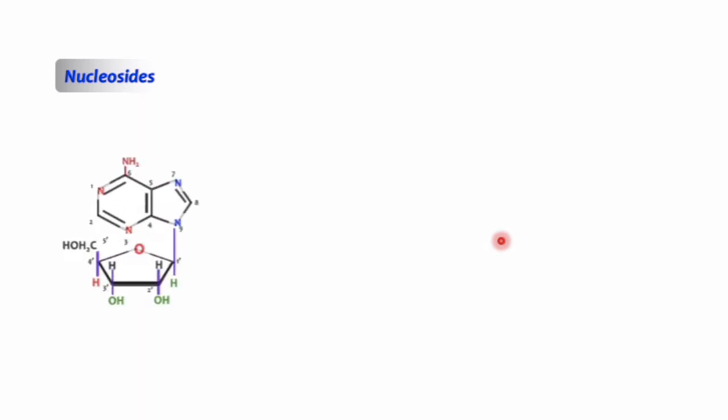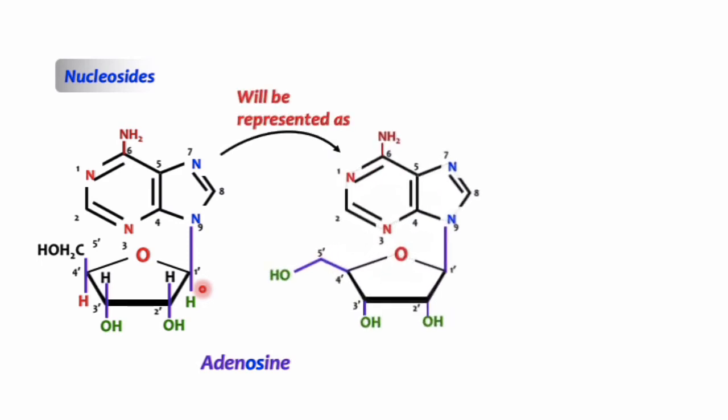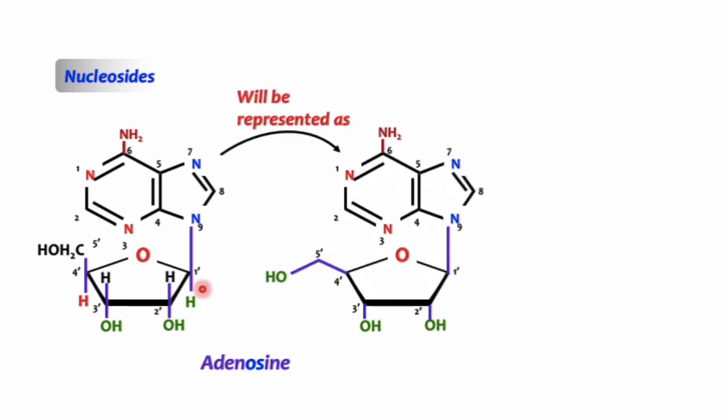Okay. Next, this is the nucleoside adenosine. How does it get connected to form a nucleotide? Now, if you check out the structure here, on this carbon, the fifth carbon, this CH2OH, I should be able to represent it this way, okay, and on the third carbon the OH is anyway down.